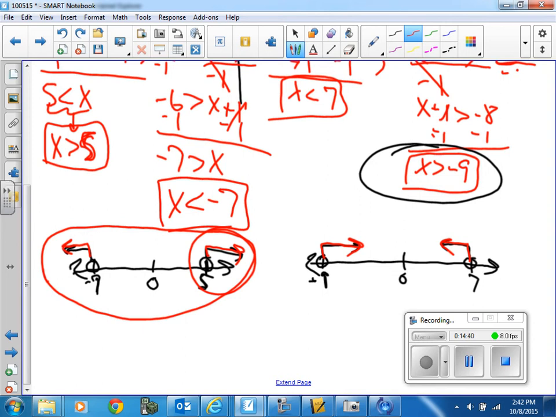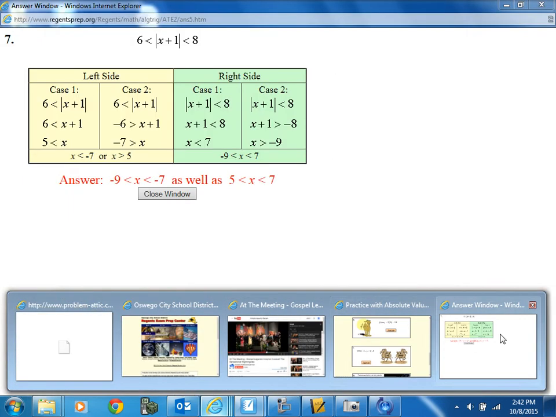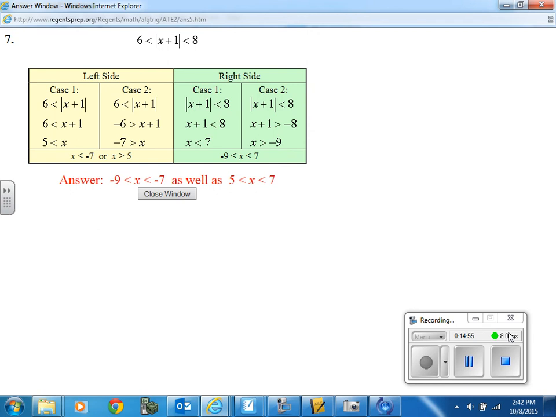And then everything from negative 7 to negative 9, which might be a reason that they did not put a number line on this answer, because it gets kind of confusing. But we should be able to see why it's written this way. So that would be legitimate to write it that way.